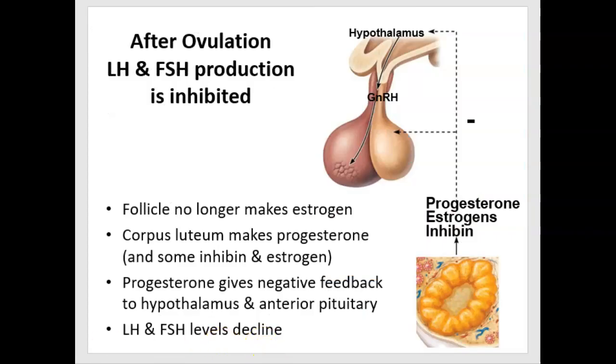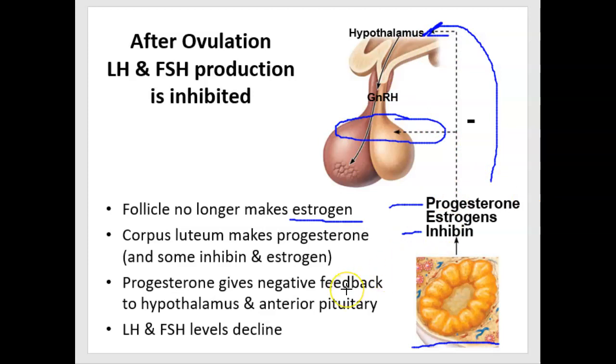So to summarize what happened after ovulation, the follicle is no longer making estrogen. The corpus luteum makes progesterone mainly, but also some estrogen and inhibin. The high level of progesterone as well as inhibin inhibits both the pituitary and the hypothalamus.